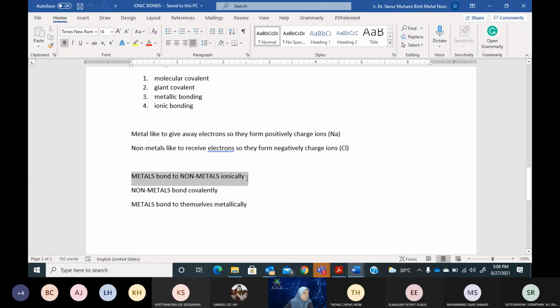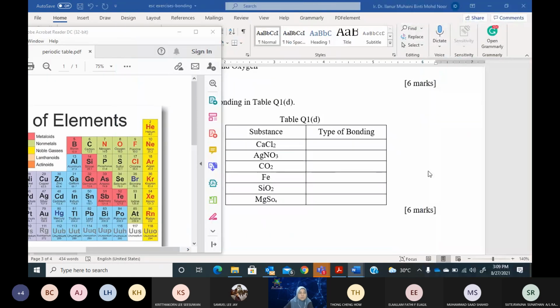Metal bonds with non-metal, the name is ionic bonding. Non-metal bonds with non-metal becomes covalent. Metal bonds with themselves becomes metallic bond. So you need to choose between these 3 to label here. The first answer is ionic just now. Second answer is what? Ionic also.